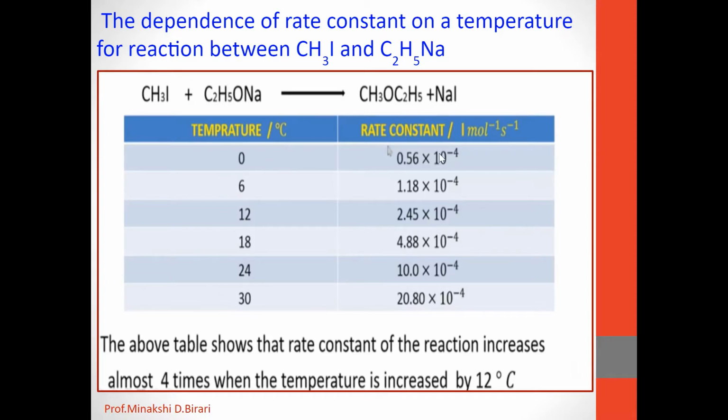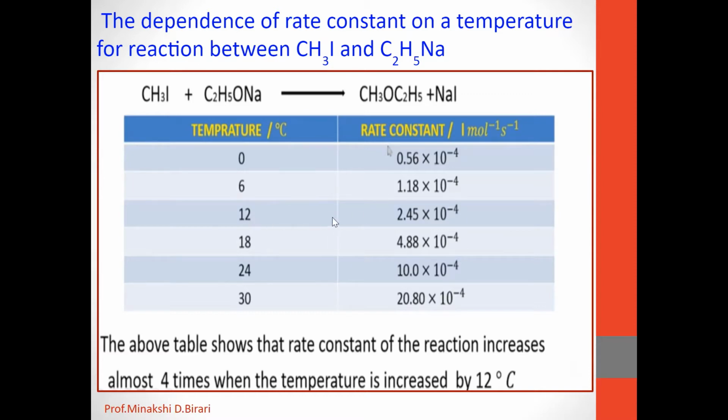If you observe the rate constant at different temperatures for this reaction, at 0 degrees Celsius the rate constant value is 0.56 into 10 raised to minus 4. Then for 6 degrees Celsius it becomes 1.18 into 10 raised to minus 4.